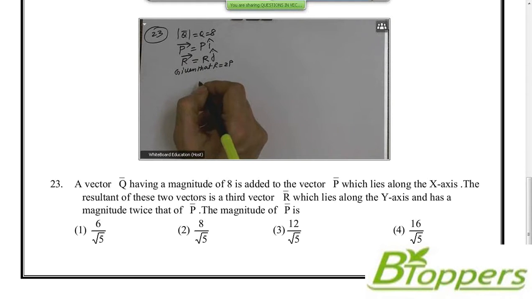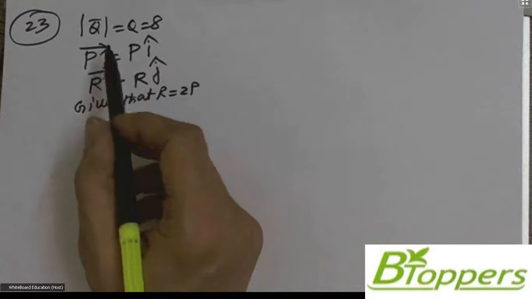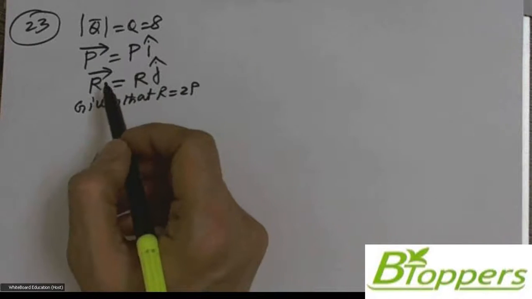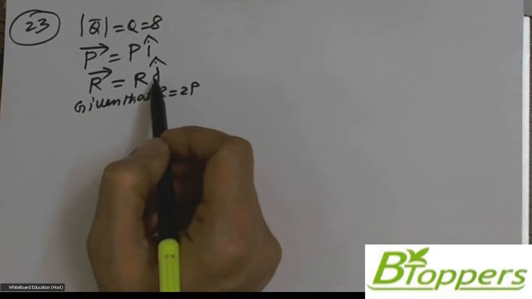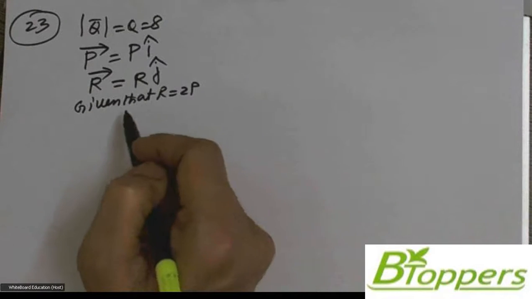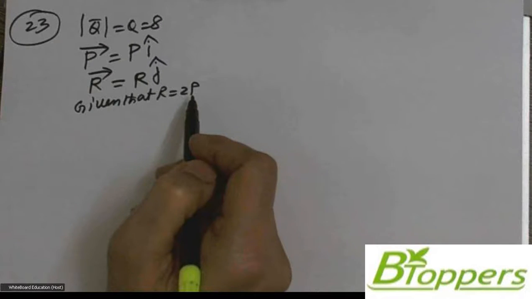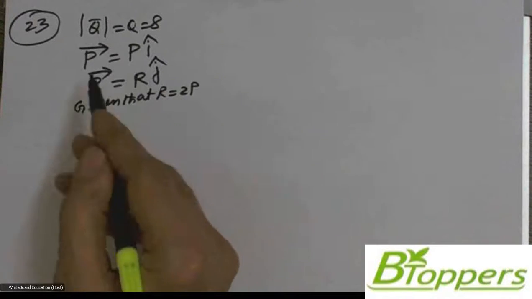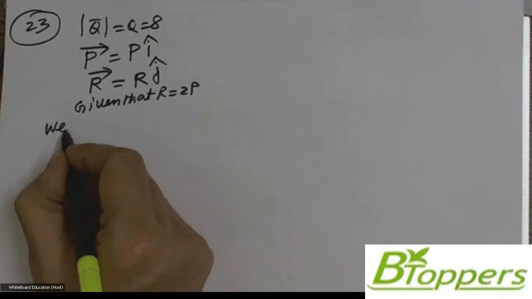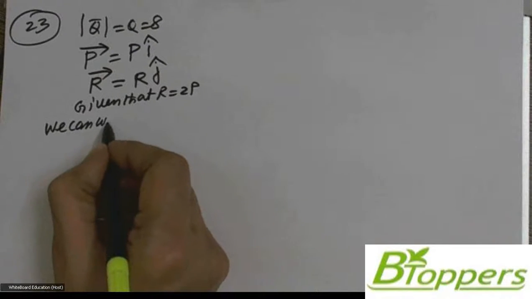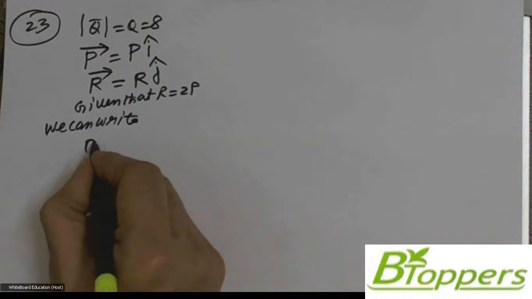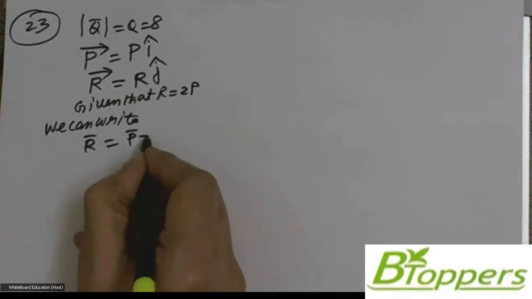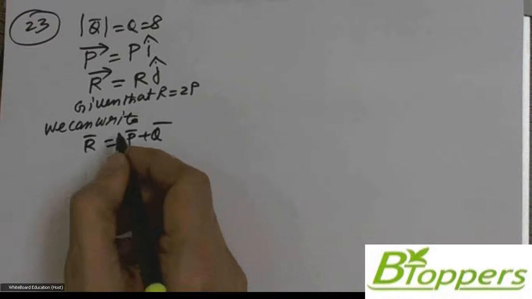Come on, look at the solution. So you are given magnitude of vector q bar or q equal to 8. P bar acts along x-axis. R bar acts along the y-axis. Magnitude of the resultant is 2 times the magnitude of P bar. So the resultant of P bar and Q bar is R bar, we can write mathematically R bar equal to P bar plus Q bar.